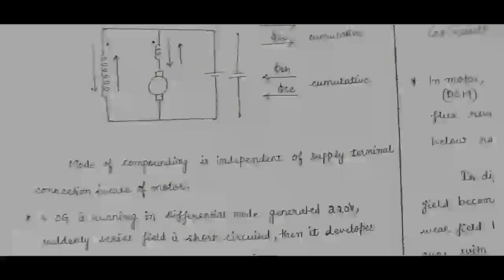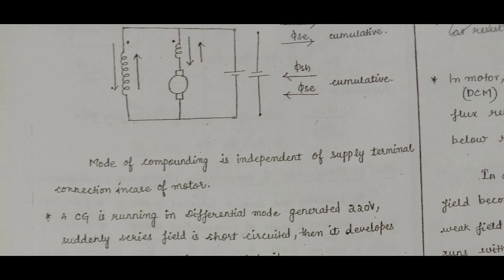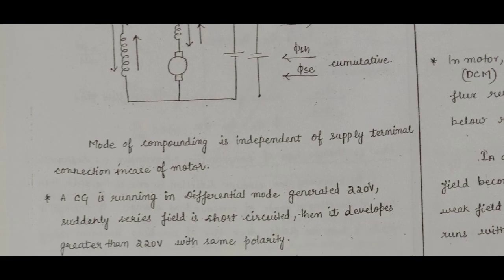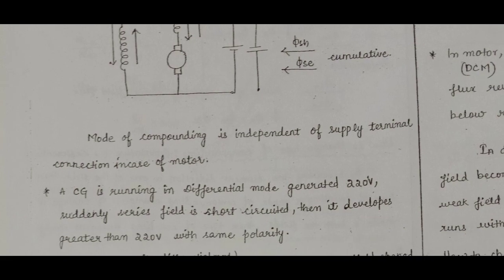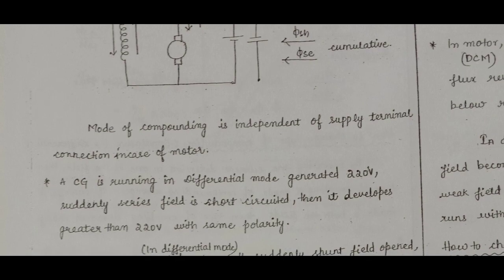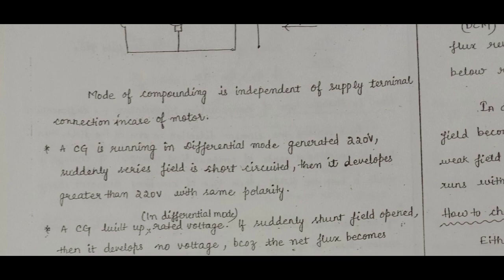So it may be a cumulative compound generator or motor. Mode of compounding is independent of supply terminals connection in case of motor. A compound generator is running in a differential mode. Very important.